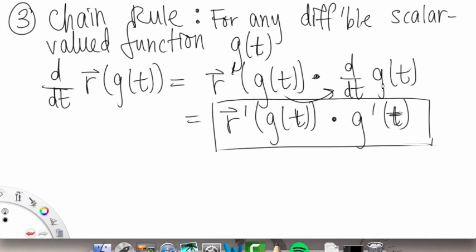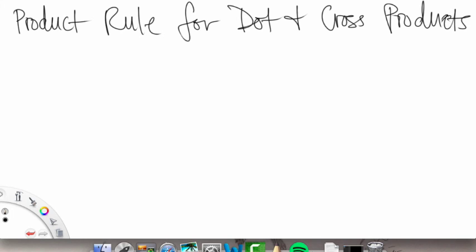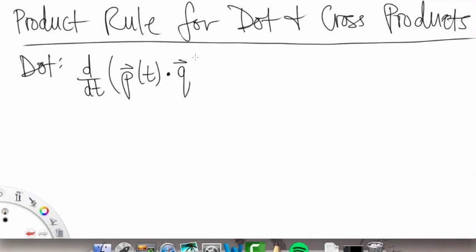Now here's another product rule, but this time it's the product rule for, wait for it, dot and cross products. Because these involve vectors now, it gets a little more complicated, but not really. For the dot product, an example would be d/dt of the vector valued function p arrow of t dotted with q arrow of t.